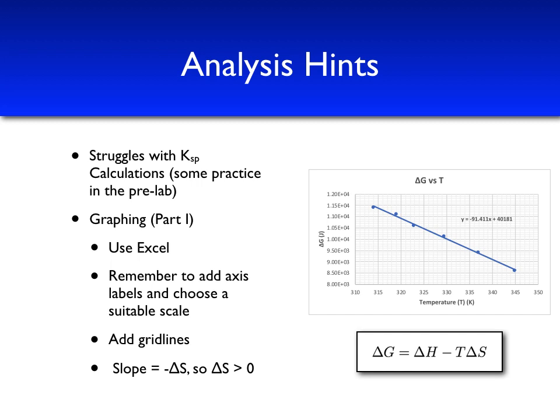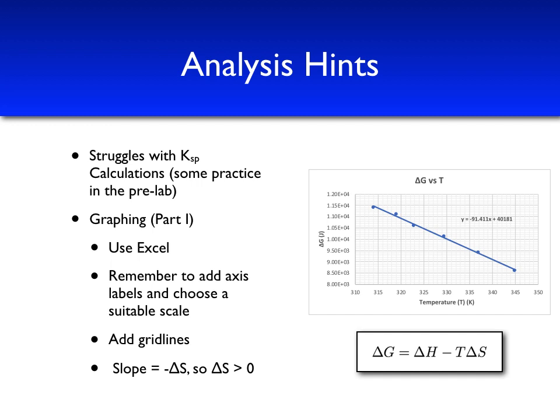It is also important for you to make your delta G versus temperature plot in a very nice way. As a reminder, you want to make sure that you use Microsoft Excel to do your plotting. You want to choose a nice scale for your plot so that the line takes up most of the space of the page, as in the plot shown on the right.